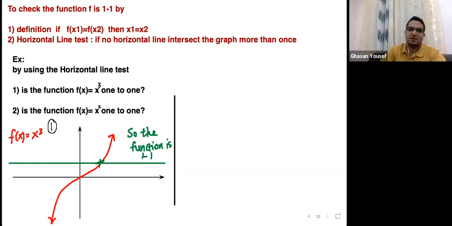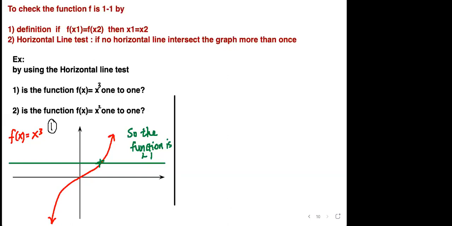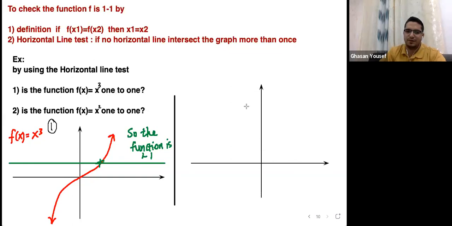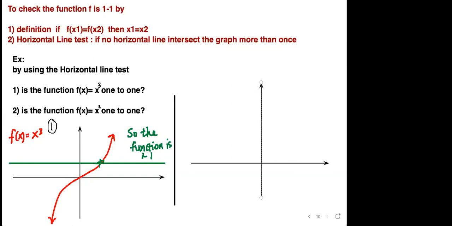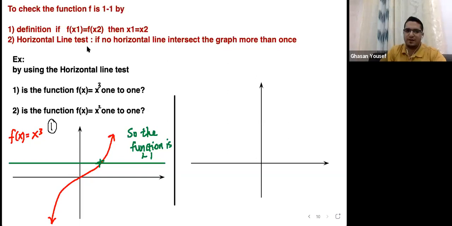That means that if you were to pass a horizontal line, it would intersect at two points on the same graph, so it would not be one-to-one. Okay, nice, this is correct too. So the graph of the second function, f of x equal x squared, looks like a parabola. So this is number 2.